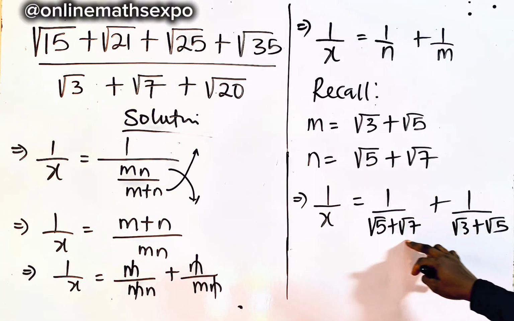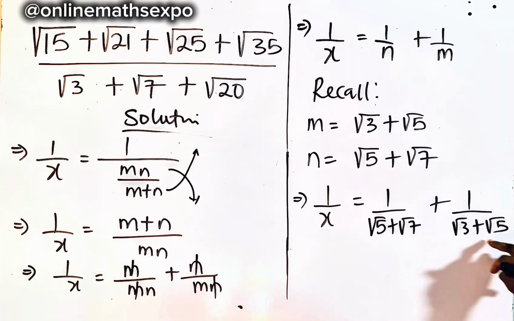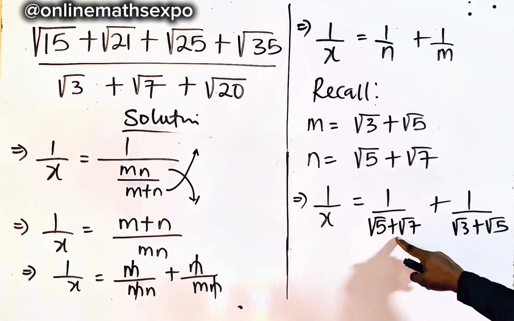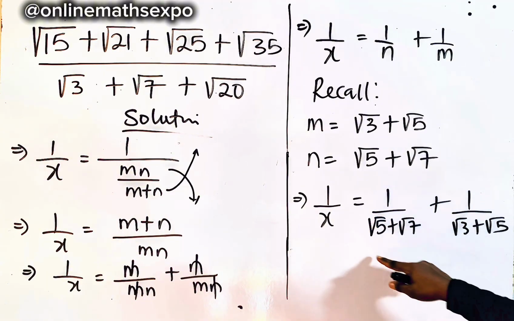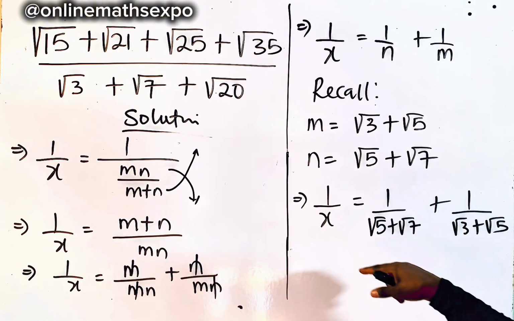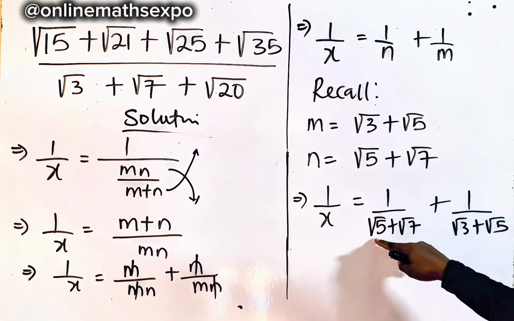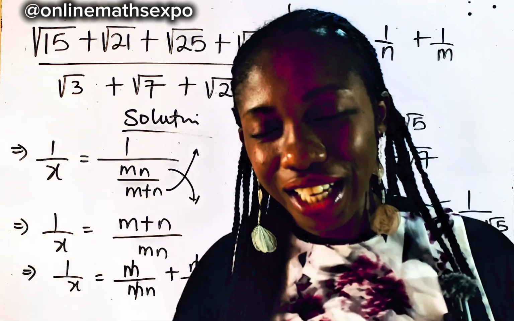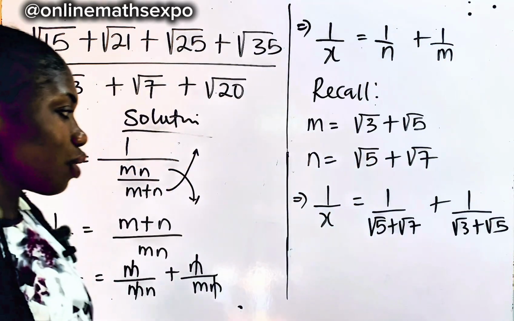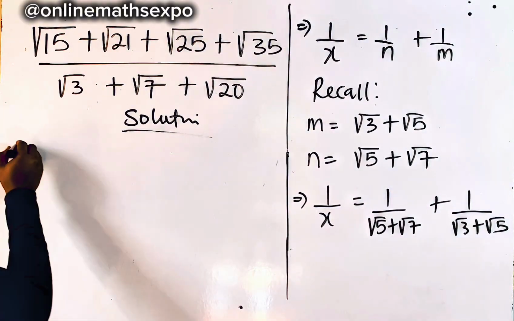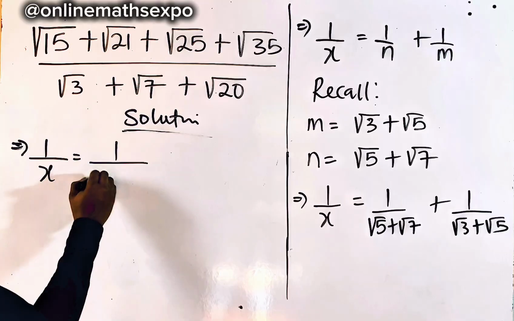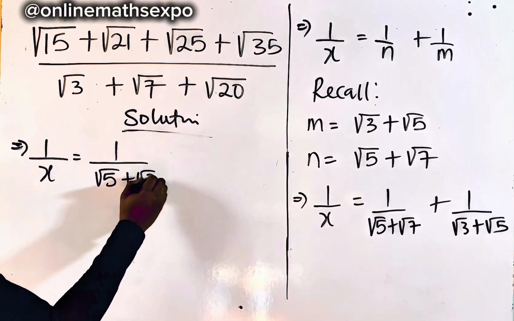You observe carefully that at this denominator, it involves an expression because of this addition sign. So to simplify this means we need to rationalize. And to rationalize any surd with an expression at the denominator, always remember to conjugate. So let's do that together. From here we now have 1 over x is equal to 1 divided by root 5 plus root 7.